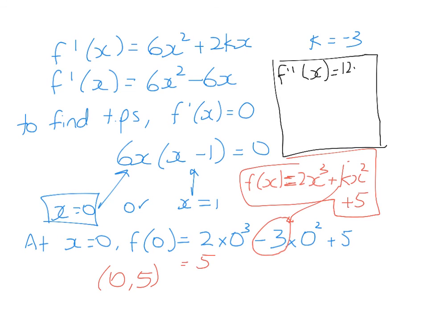So we get 12x minus 6. Now we evaluate that at our turning point. So we're looking at what happens when x is 0 and it's negative 6. Now that's negative, so we have found a local maximum.